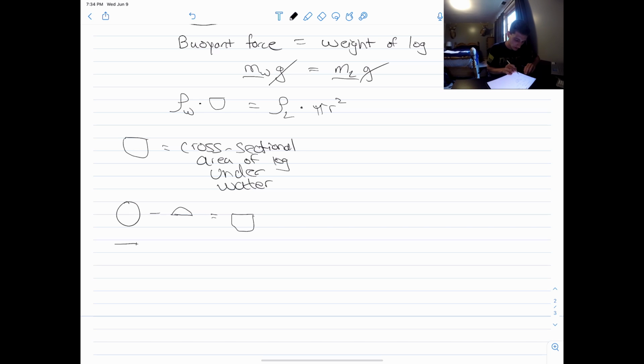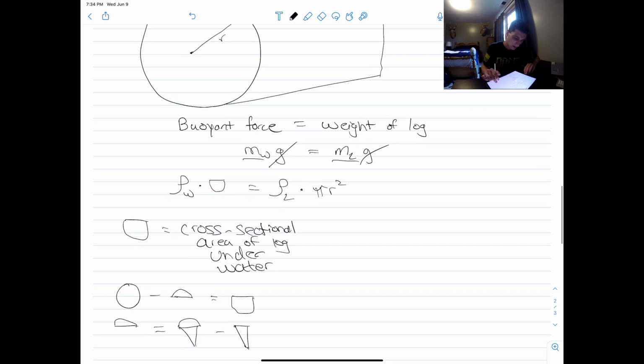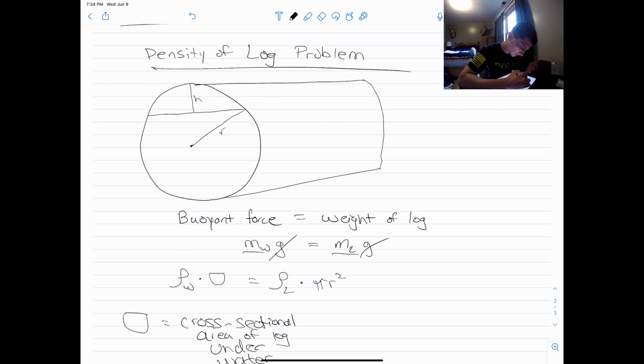And this shape is equal to our circular sector minus the triangle. We can identify this triangle as right here, and that is also r.